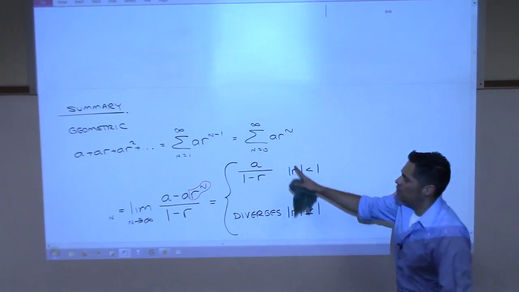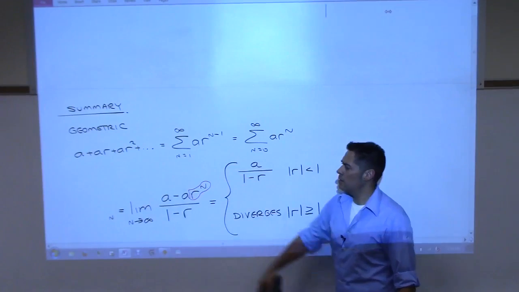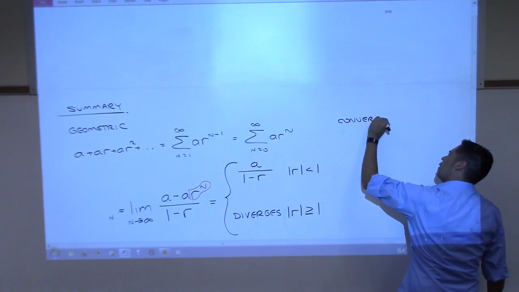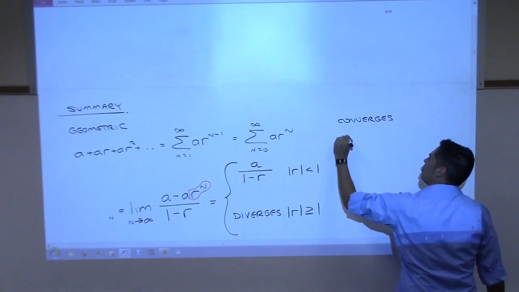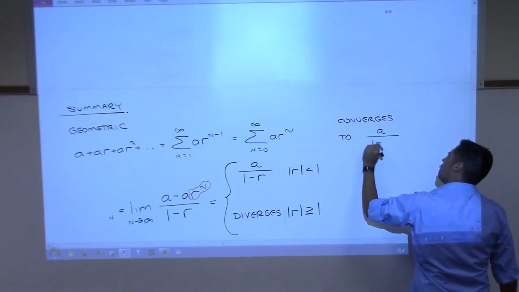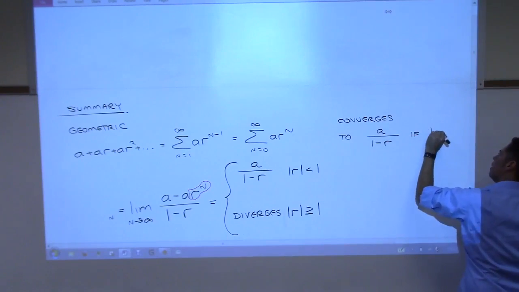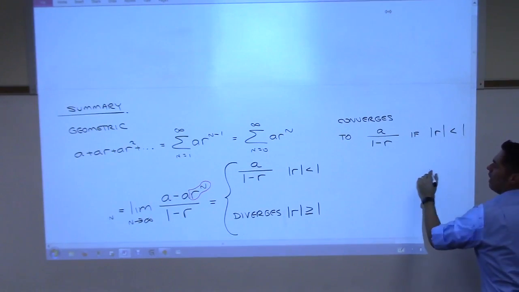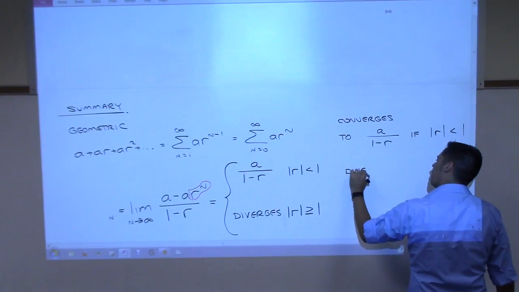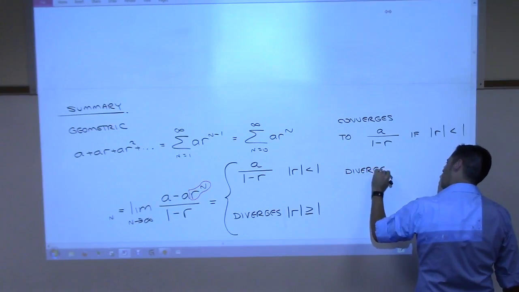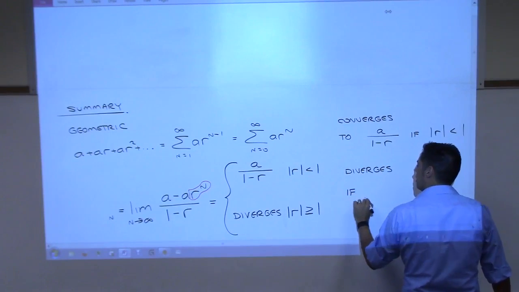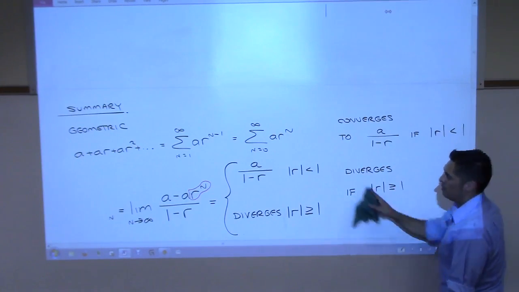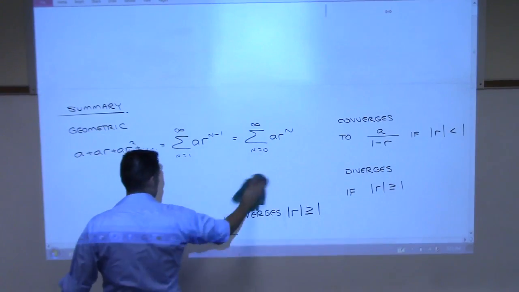So those are the two different notations we have for geometric series. This converges to a over 1 minus r if the absolute value of r is less than 1, and it will diverge if the absolute value of r is greater than or equal to 1. That is the main thing.